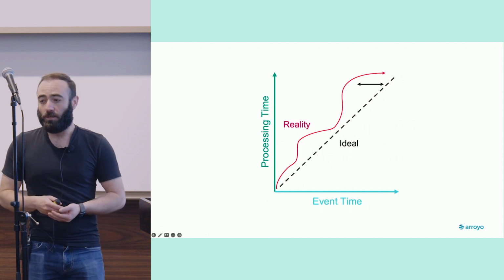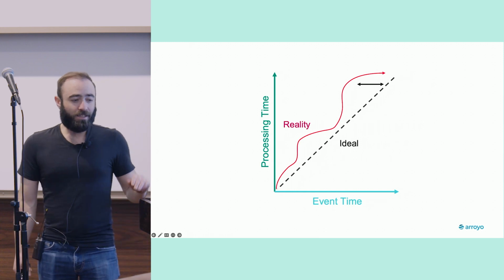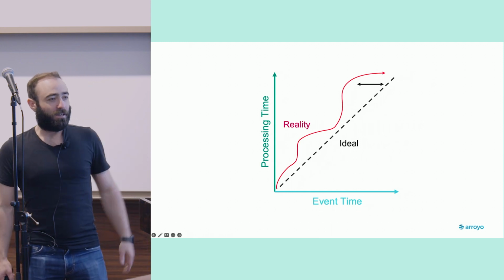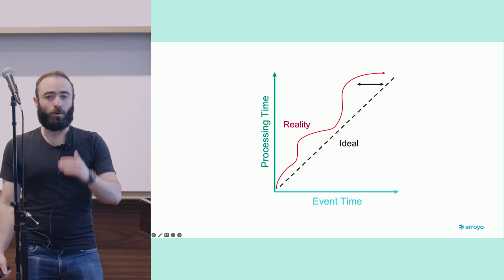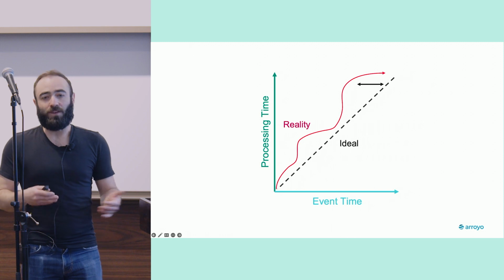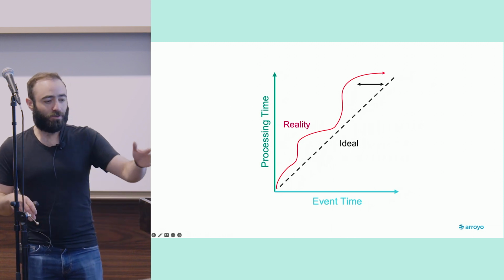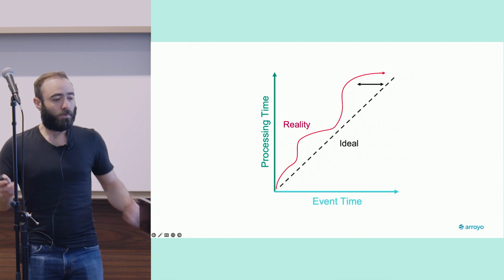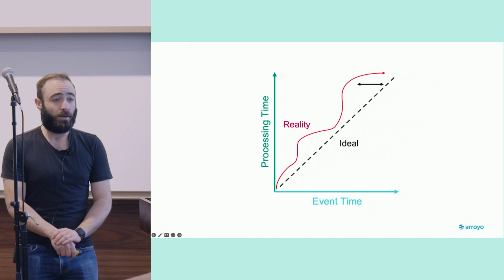It's when we actually ingest it into our streaming system. Ideally, there's this diagonal line here in this graph, so there's a straightforward relationship between event time and processing time. But in reality, events are going to be delayed or misordered. And that's this red line here. Sometimes we have to wait, and there's more of a gap between event time and processing time.